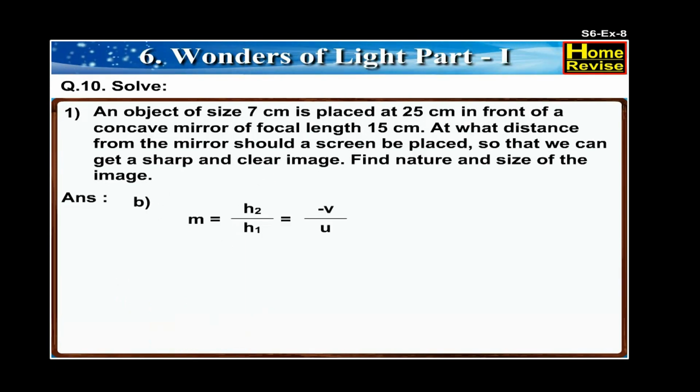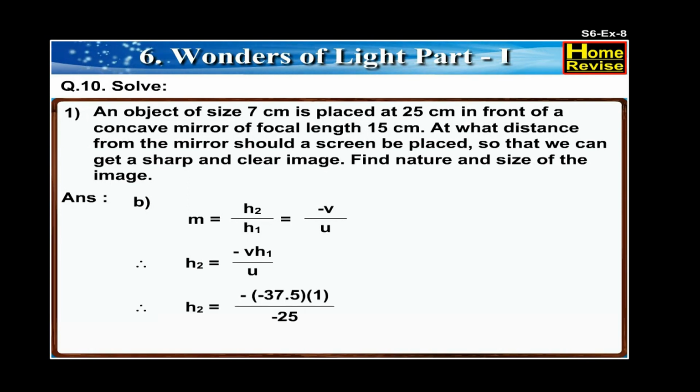Second, magnification M is equal to H2 upon H1 equal to minus V upon U. Therefore, H2 is equal to minus V H1 upon U. Substituting the values, H2 is equal to minus 37.5 into 7 upon minus 25.